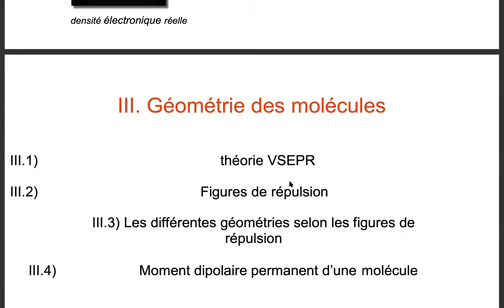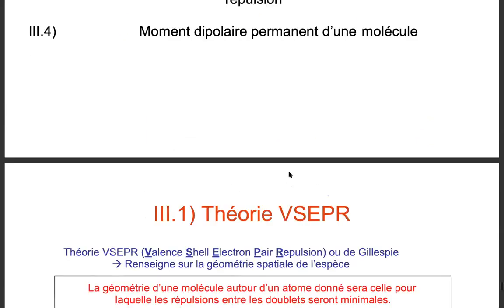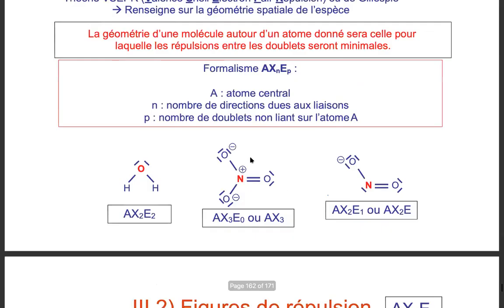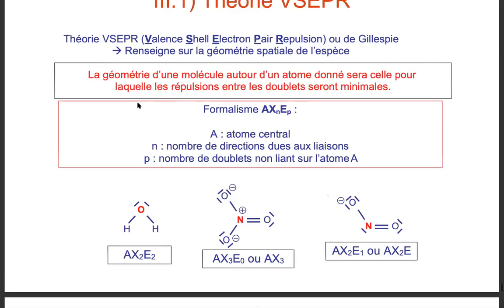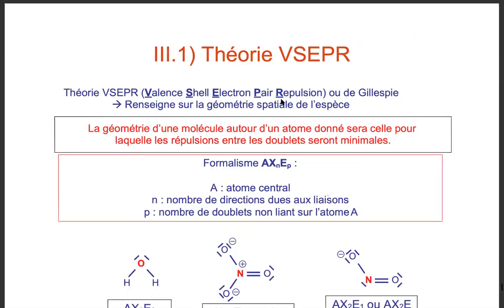In the VSEPR theory, the valence shell electron pair repulsion, we're just looking at how molecules are oriented in space when they are bonded. This is how molecules are supposed to be seen or visualized.